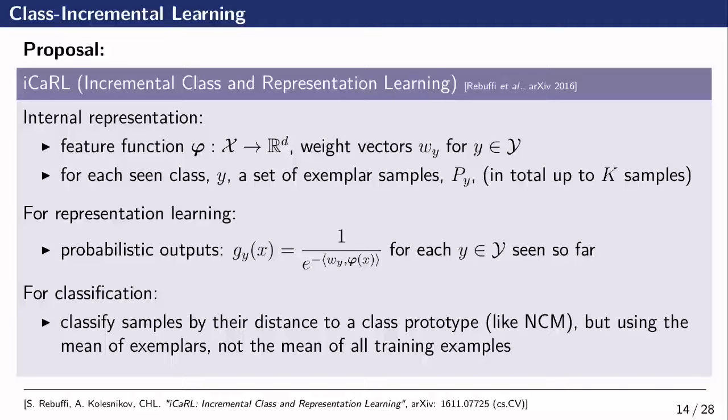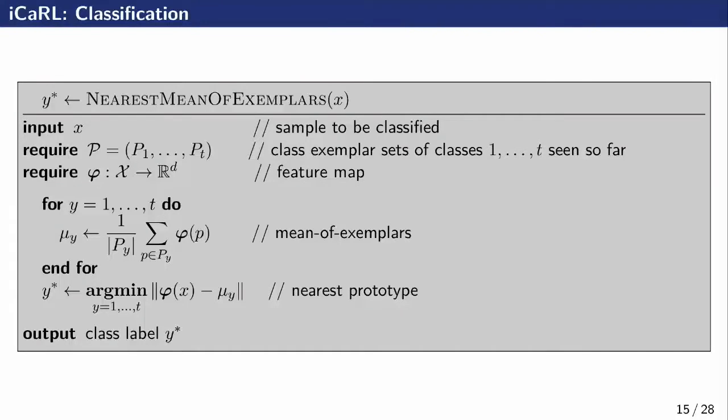So let me go through the steps. The first thing is, how do you classify an example in our setting? You will have an image x given, and you already internally have stored your set of exemplar images, one set of example images for each class you've seen so far. And of course, you have access to your internal feature function. And then what do you do?